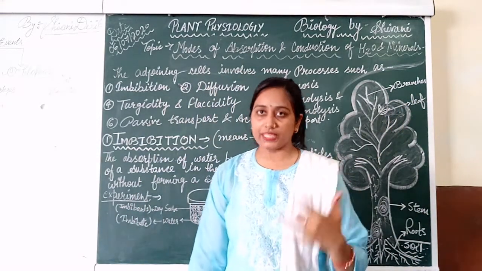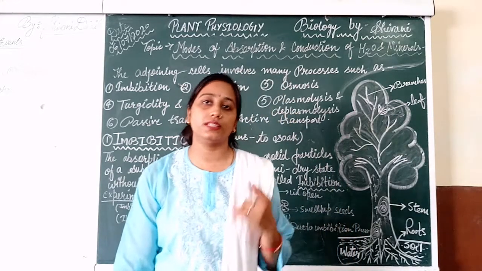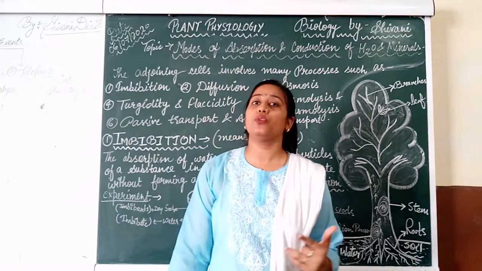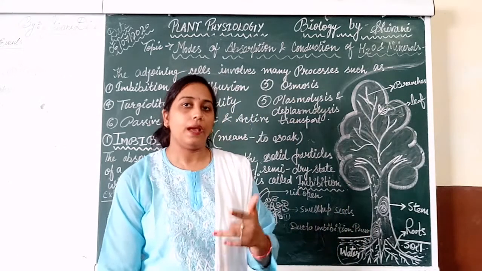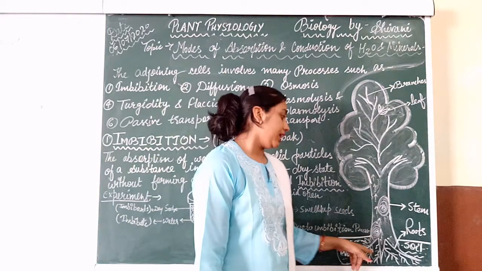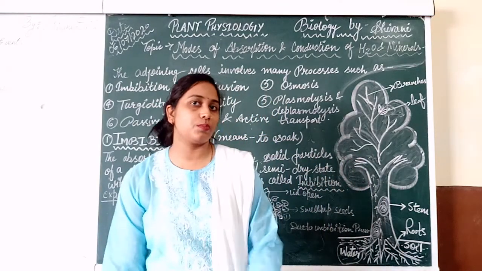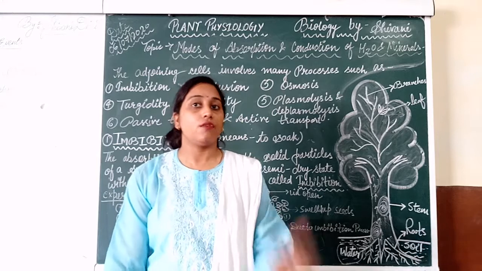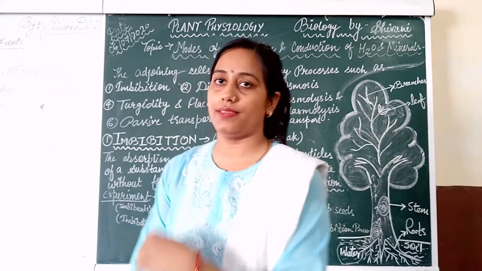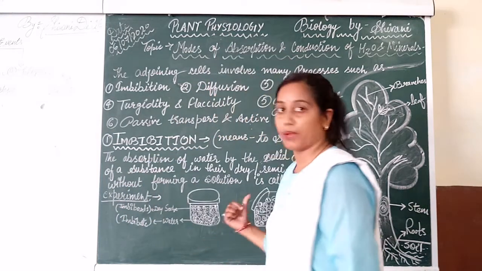The basic activity we know is photosynthesis. Without the help of water, the photosynthesis process will not take place. So this imbibition process is very important for the absorption of water. Number one fact. What is the next significance of this imbibition process in the plants?